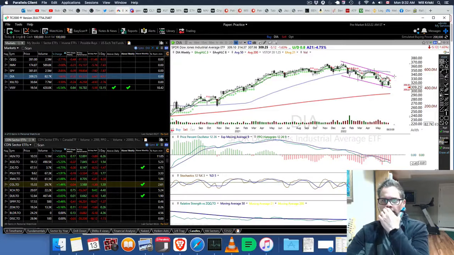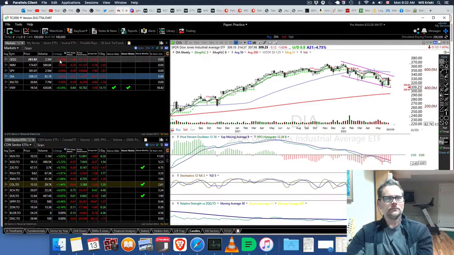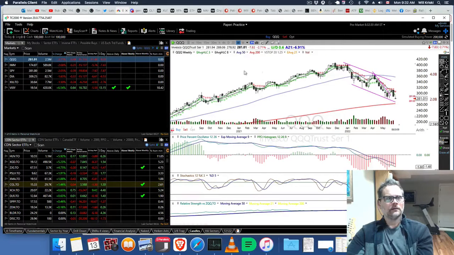So in terms of the upper line, you'd want to break through that and start to establish an up. You see how the momentum is still down. And NASDAQ, we're getting close to the 200-week, but you want to see this turn around and start to break through this downtrend here.